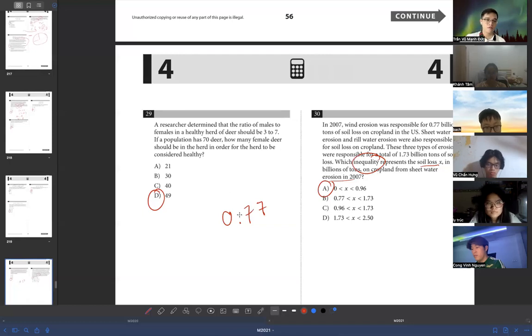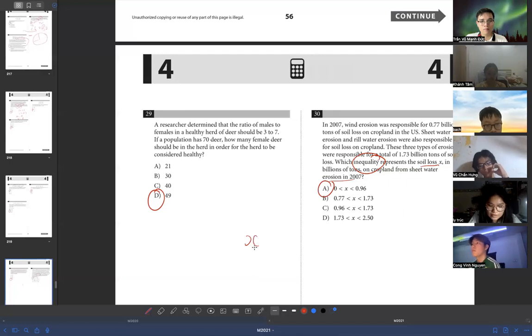How did you approach this question? They ask for the inequality of the soil loss x, so it will be larger than 0, and there are three types of erosion responsible for the total soil loss, which is 1.73 billion tons.